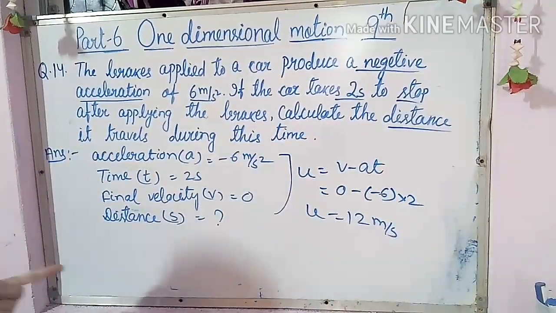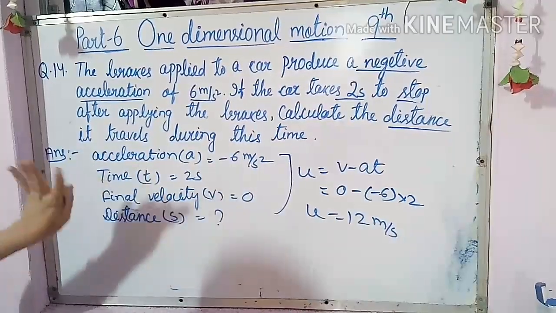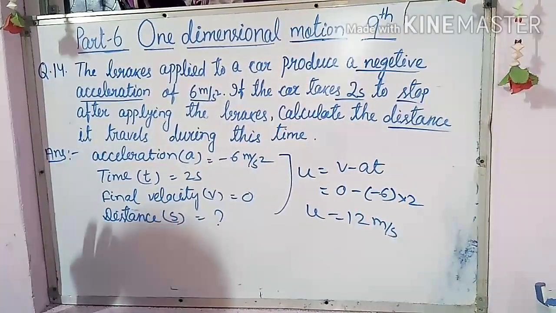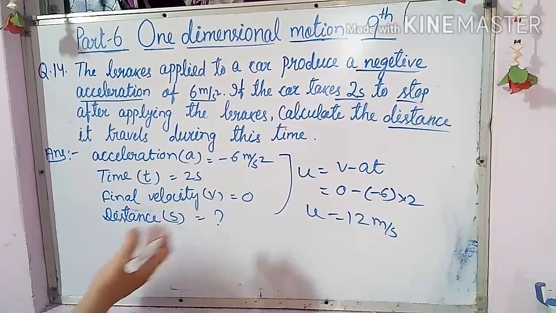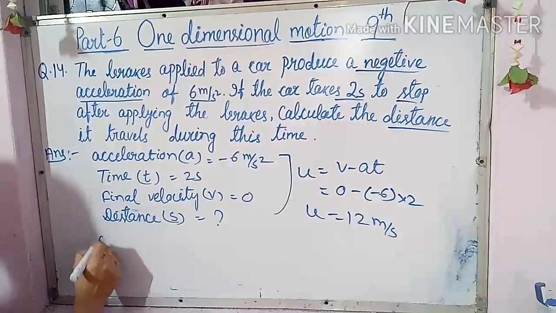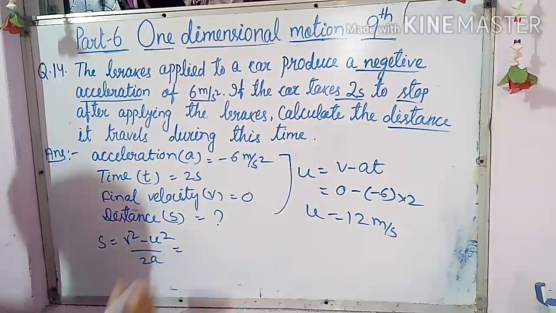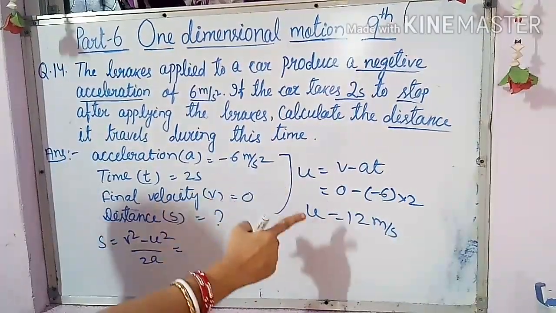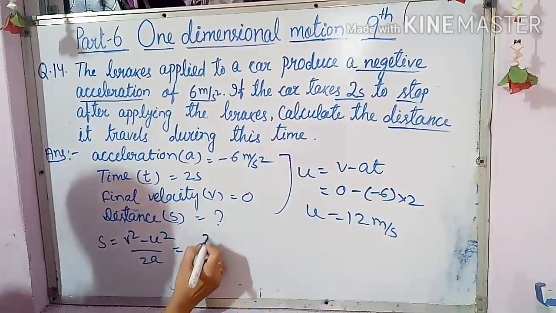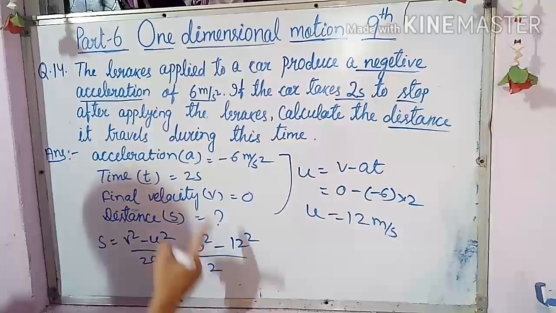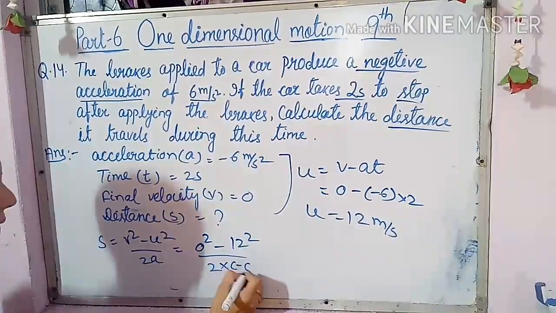Then after, for S, you can put any equation because U, V, T are all given, A is given also. So for my convenience I can put the third equation. S equal to V square minus U square by 2A. This is the third equation. V square is 0 square, U square is 12 square, by 2 into A, which is minus 6.